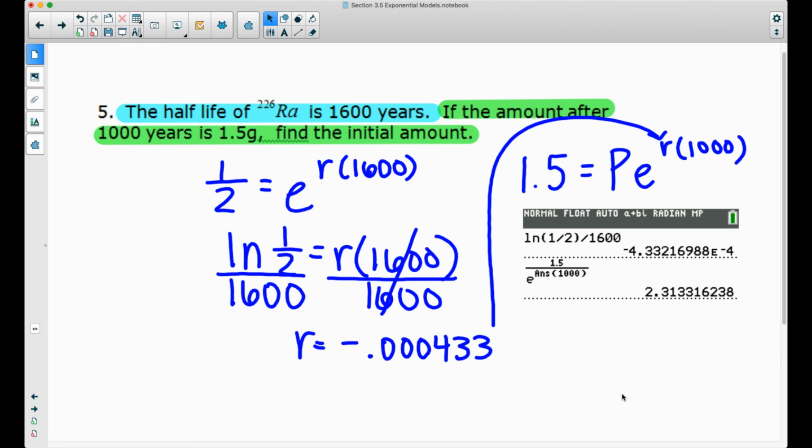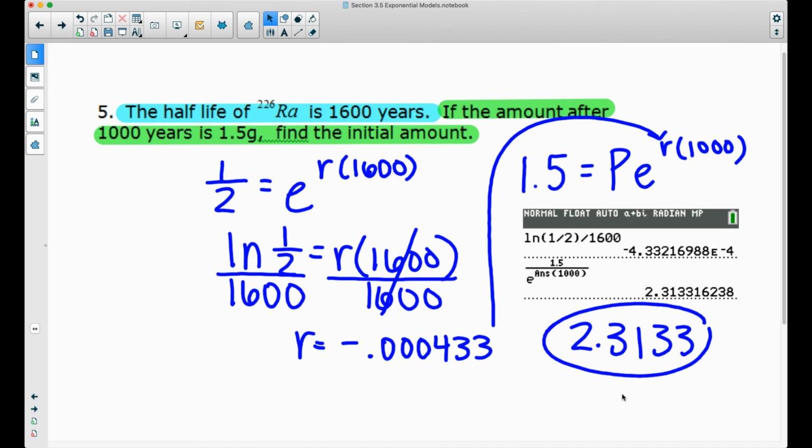So our initial amount is about 2.3133, again, depending on how many decimals I asked for.